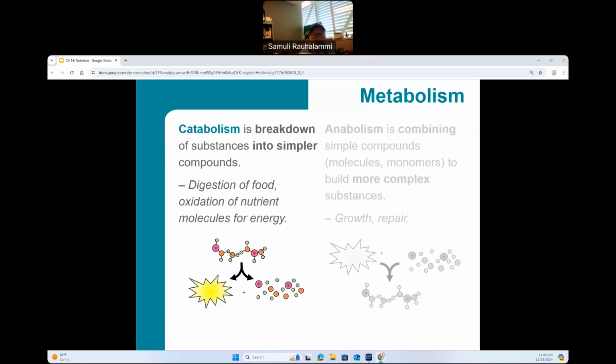This is really what happens when we digest food. We break larger food molecules into smaller ones, and in the process, we're able to release that energy that can then be made into ATP and utilized to drive our body processes.